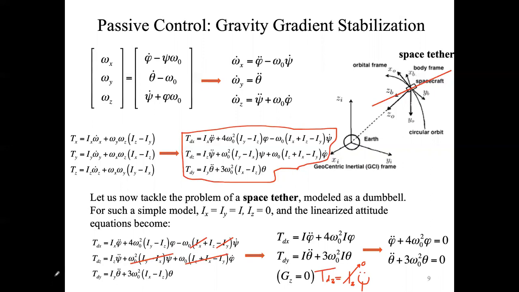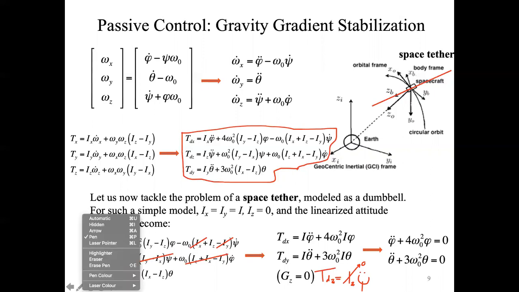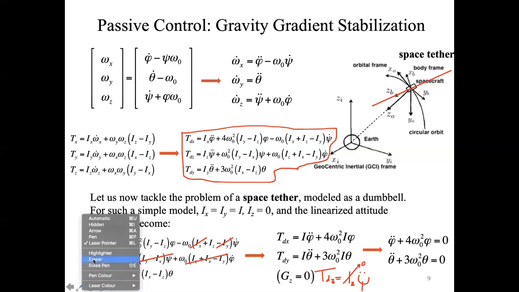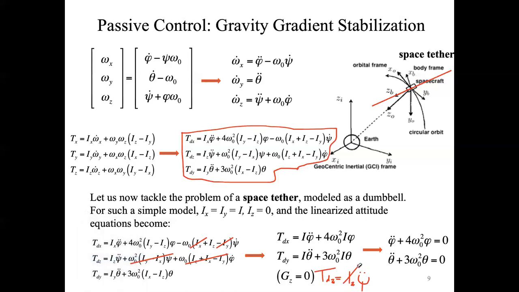Assuming that the space tether doesn't have any thickness, the gravity gradient will not have a significant contribution to the attitude control of the tether.